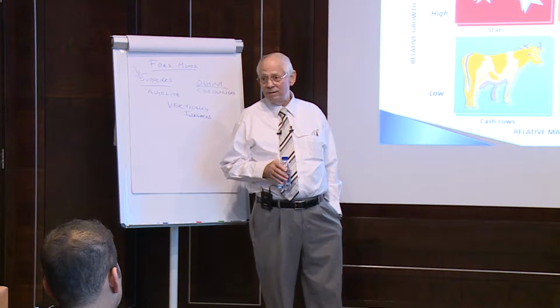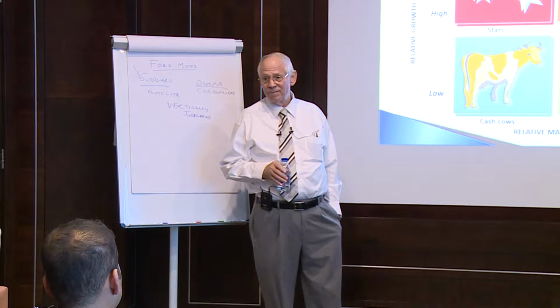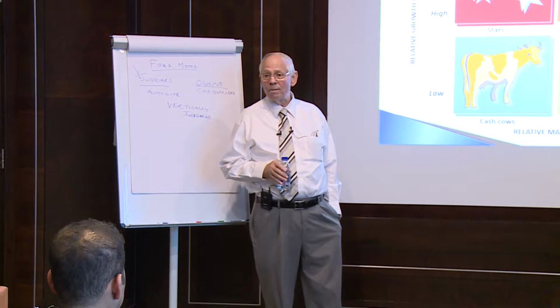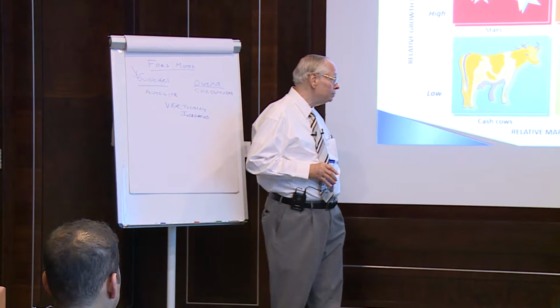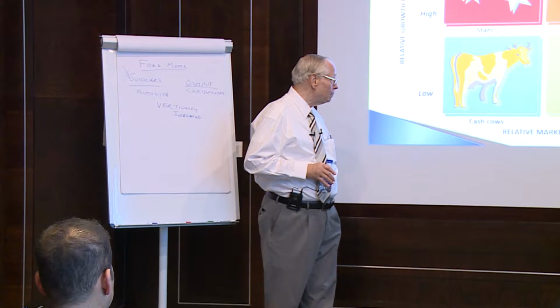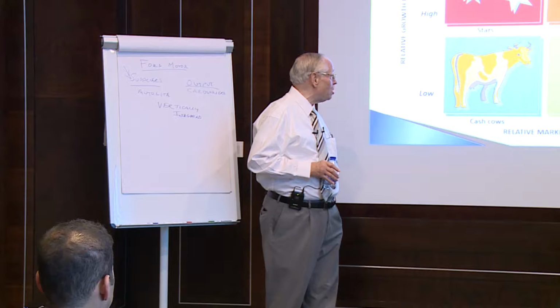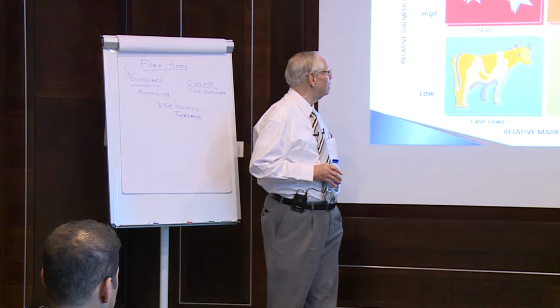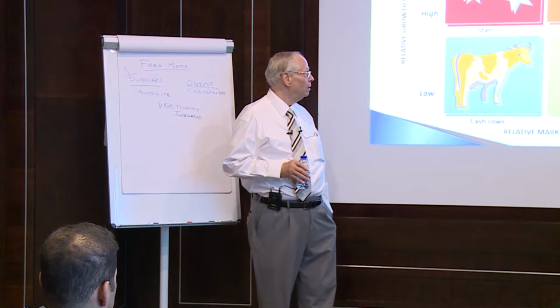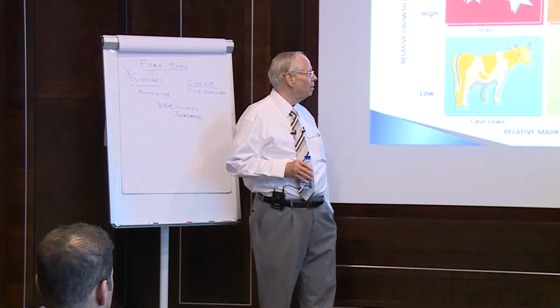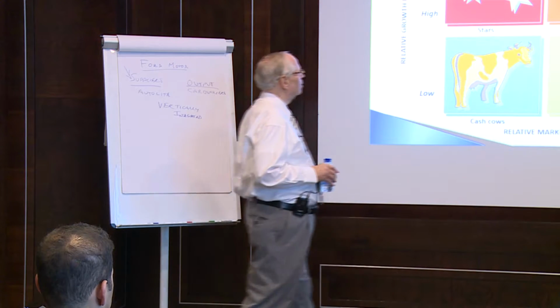You can't sell it. I'm confused about the cash cow. It should be relatively high market share. So the figure of the dog should be exchanged with the cash cow figure.